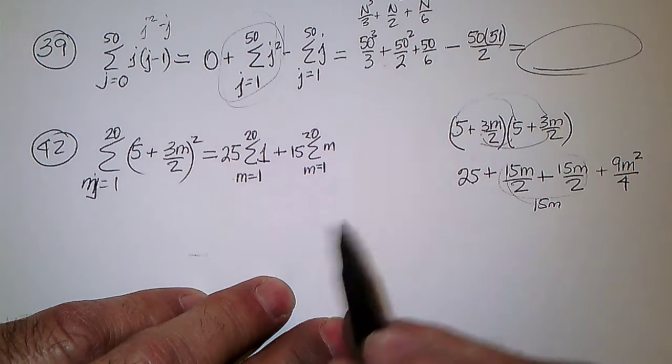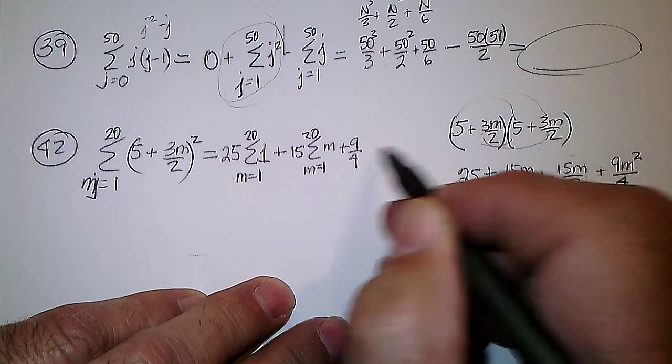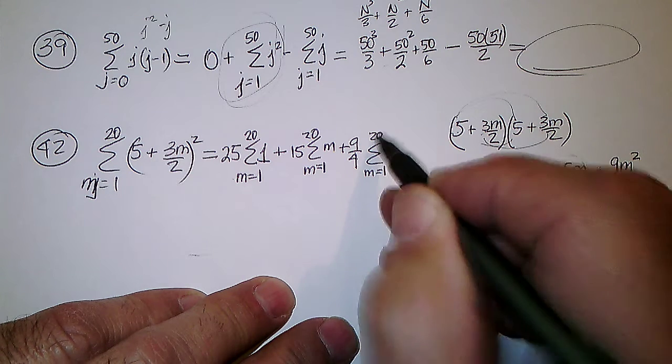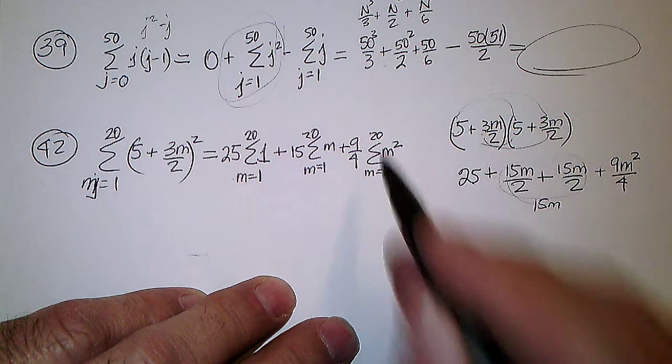And then we can go plus 9 fourths, the sum m starting at 1 and going to 20 of m squared, and this is a formula for squared.